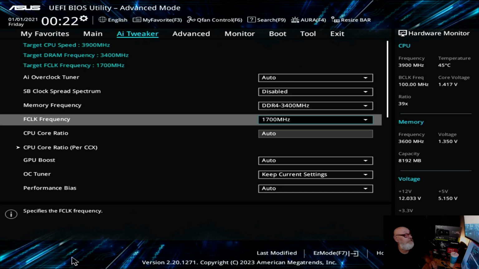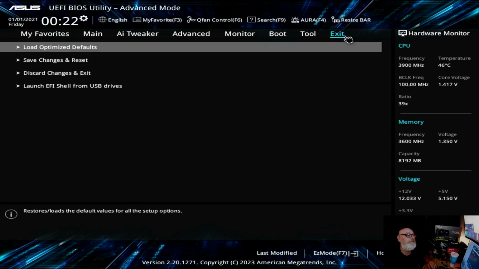How do I know that? What you do is you get your calculator out. Very simple. You take your 3400 and you divide it by 2. That gives you 1700. Then after you've done that, you hit exit, and then you save changes and reset.